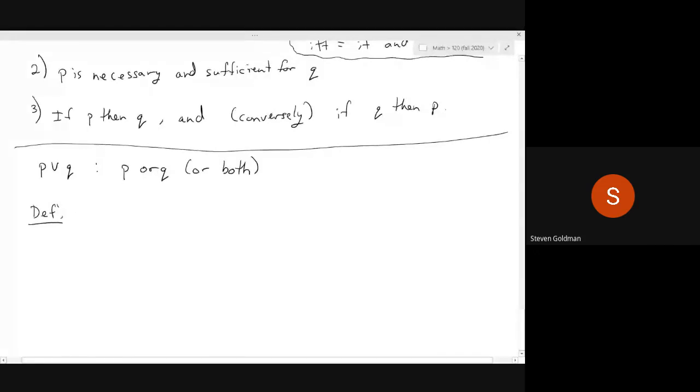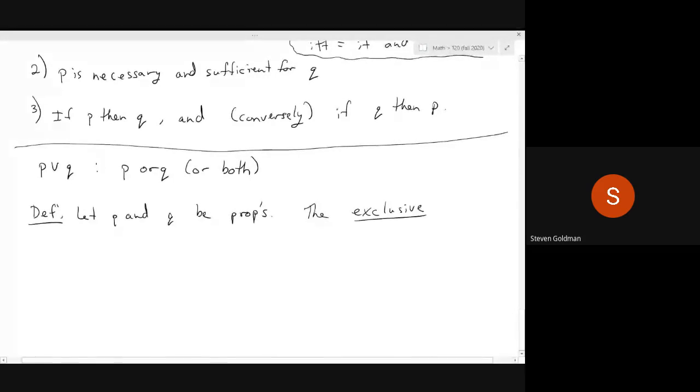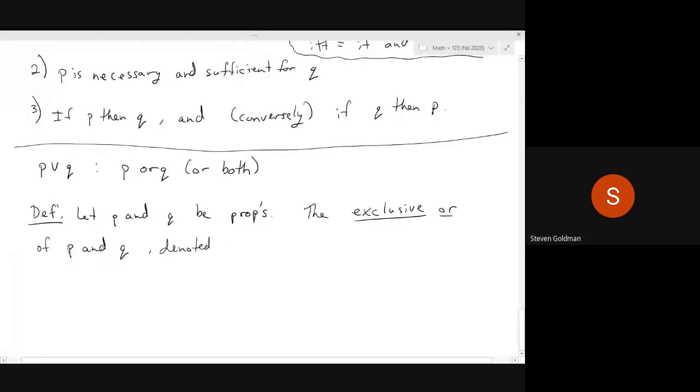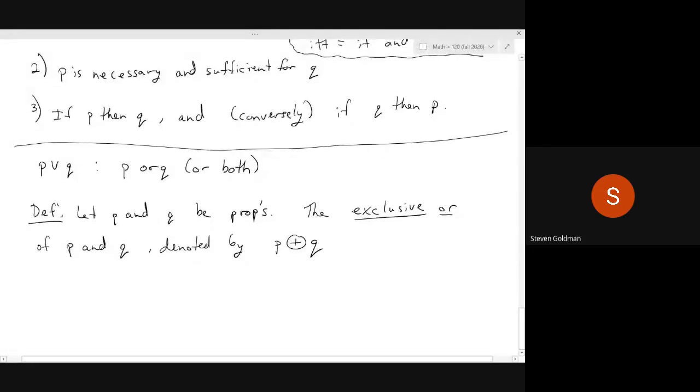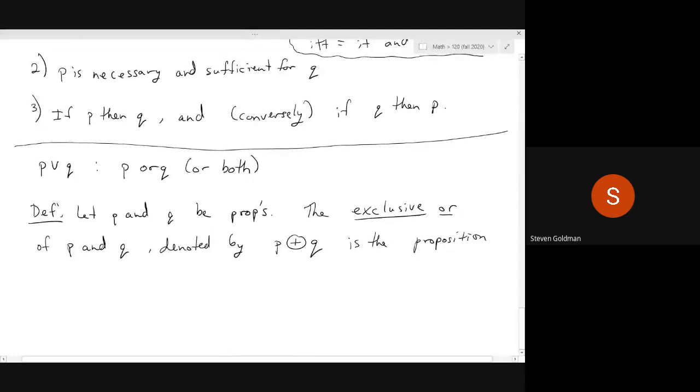Right? So let P and Q be propositions. The exclusive OR of P and Q, denoted by this symbol here, is the proposition P or Q, but not both.